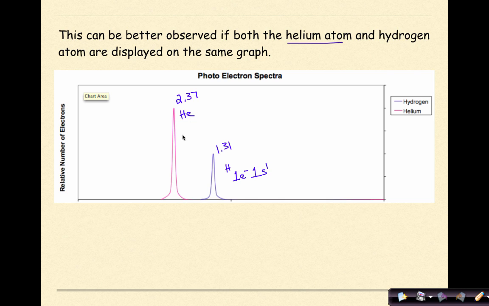Here with the helium, we have 2 electrons, and those electrons are represented by 1s2. Again, as I stated before, if the nucleus is located right here, the 2 electrons that occupy helium are a little bit closer to the nucleus, because in that case, the nucleus would have 2 protons, compared to the location of the peak for the hydrogen, because in that scenario, the nucleus would only have 1 proton.